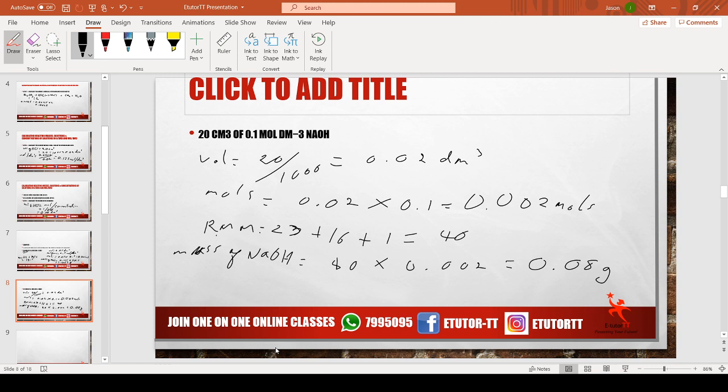So let's do some other more complex examples. So you're going to calculate moles per dm cube.